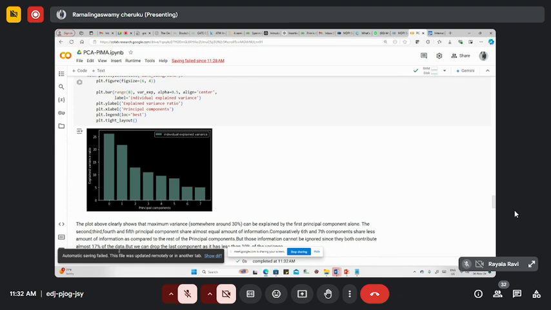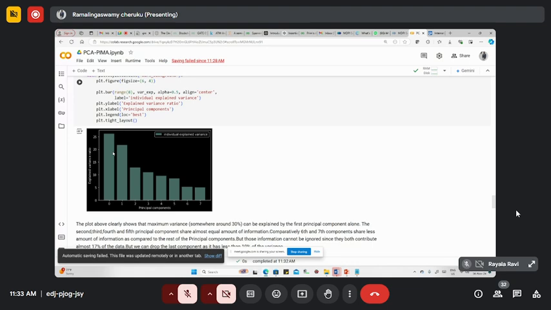By looking at this plot, I can say that principal component 1 is contributing 25%, this one is about 20, and the others are around 10 to 15 each. Basically, if I want to preserve the maximum information, it is enough to retain the first 5 features, or first four eigenvectors.